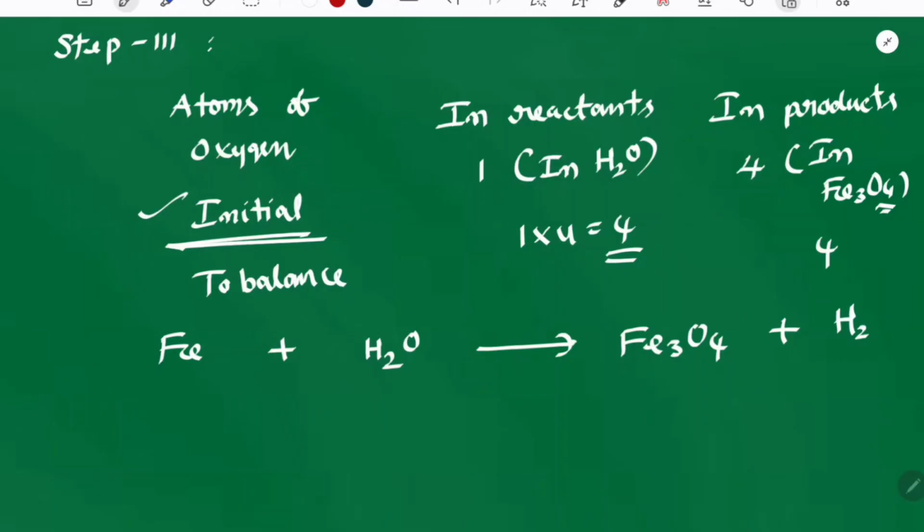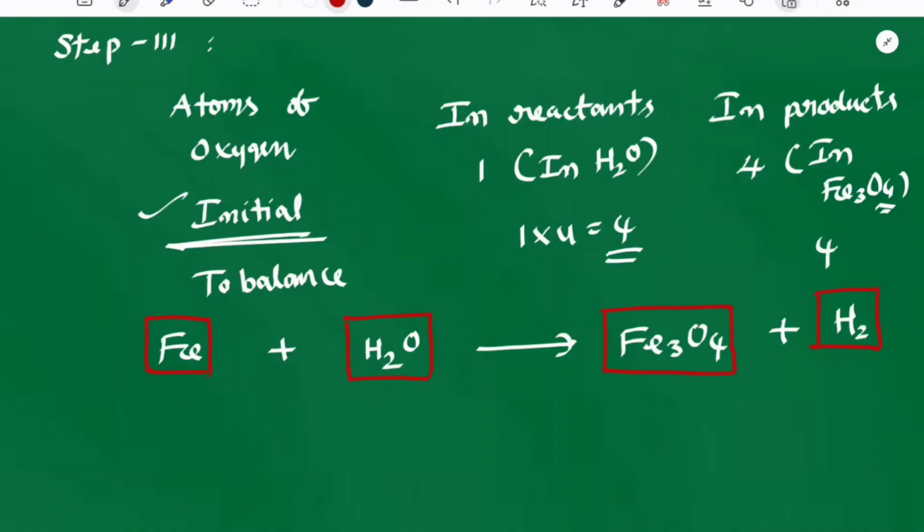At the start we discussed that when balancing an equation we keep boxes around the formulae. Whatever is present inside the box, we can't change when balancing the equation. Keep that point in mind. Why are we keeping the boxes? When balancing, we never change what is inside the box. Only outside can we change.